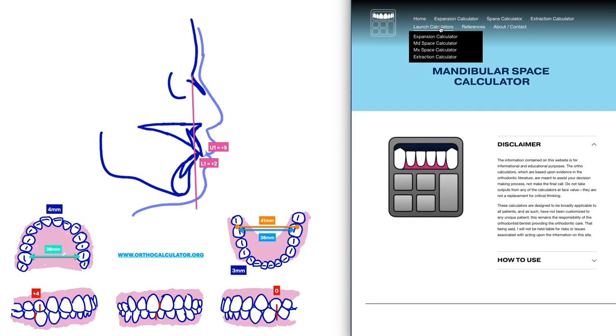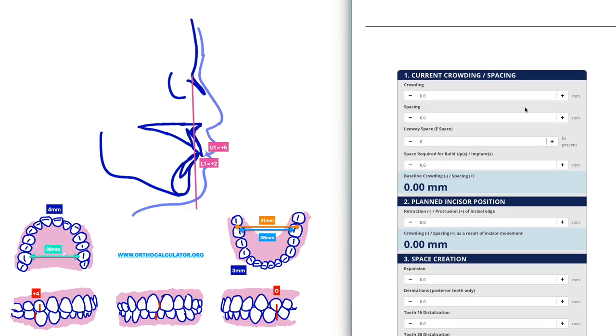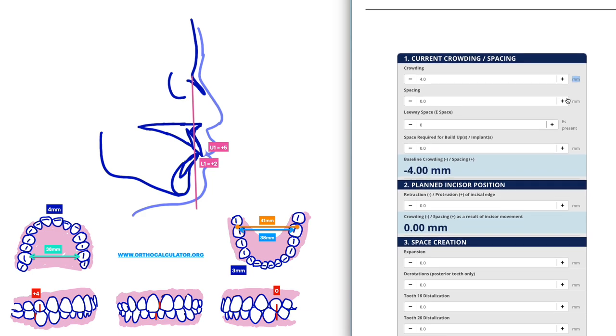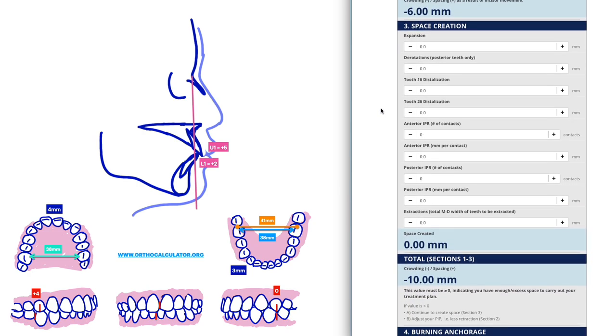Let's go to the upper now, where we said we were considering 2 upper 4s coming out. Punch in these numbers again. 4 millimeters of crowding, no spacing. We wanted to retract 3 millimeters to get those upper incisors in a nice spot in the face.